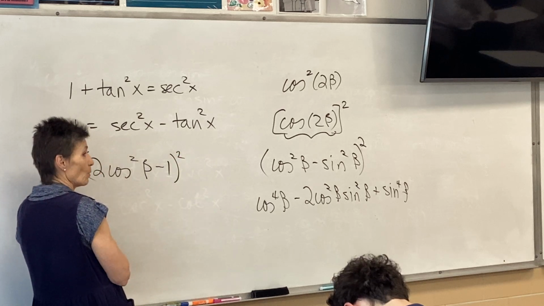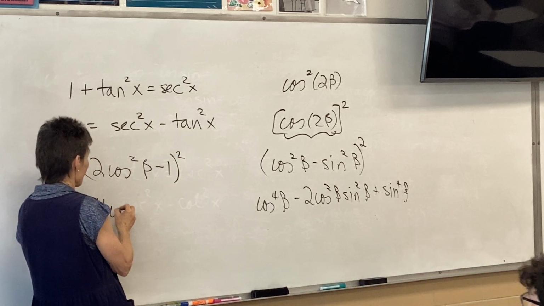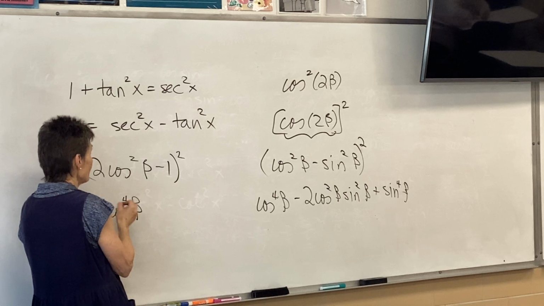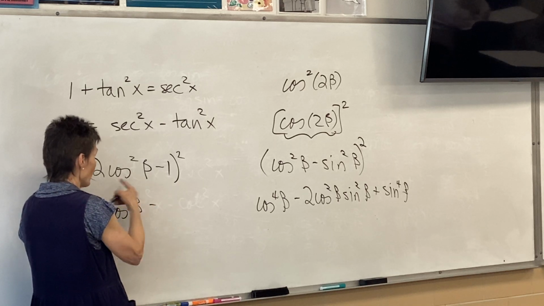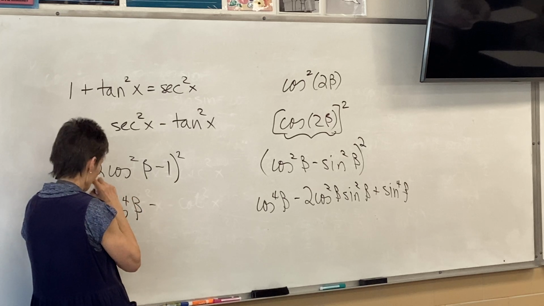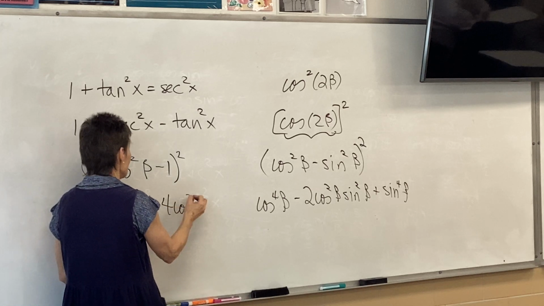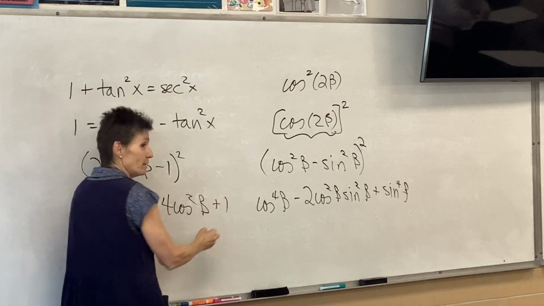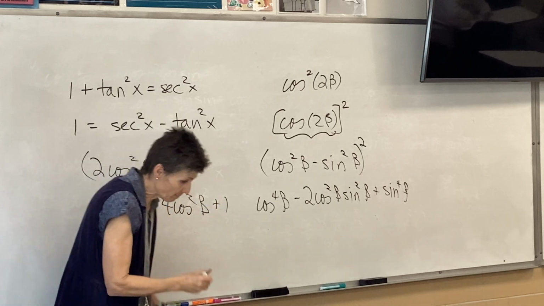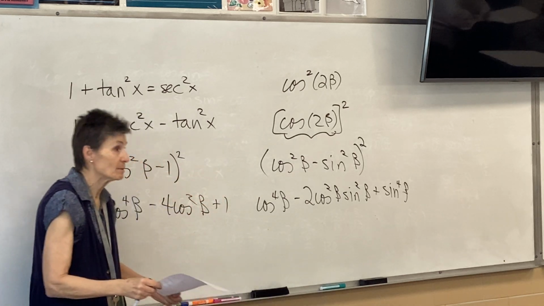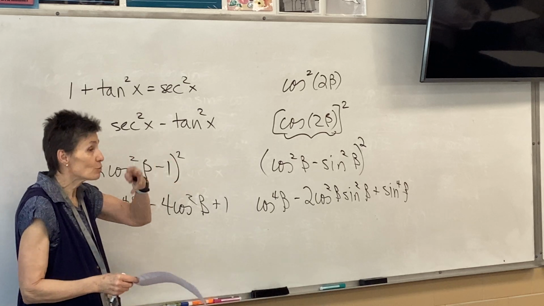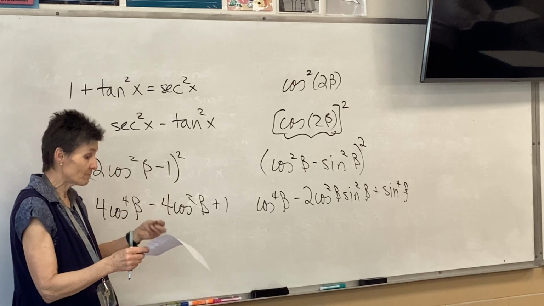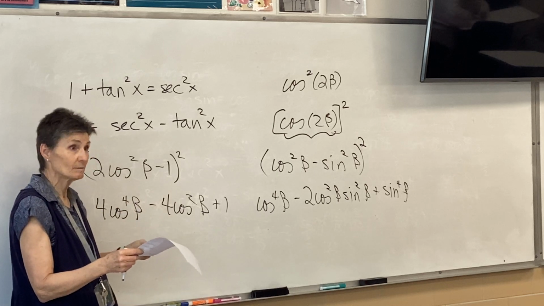So what do I get when I square that? 4 cosine to the 4th, minus 4 cosine squared, plus 1. Is that one of my options? Statement 2? So I have just, using my formulas, derived statement 2 and statement 3.